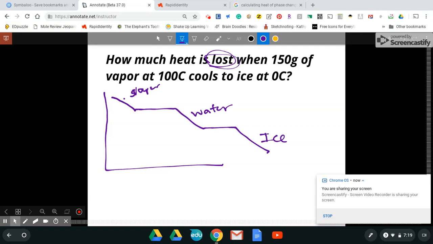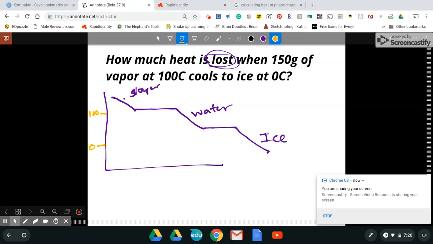So when we're cooling, it says we've got 150 grams of vapor at 100. Well, let's put in the points we know. We know that right here at 0 degrees is when water freezes. We also know that it is at 100 degrees when it is vapor, okay, when it's finally vaporized.